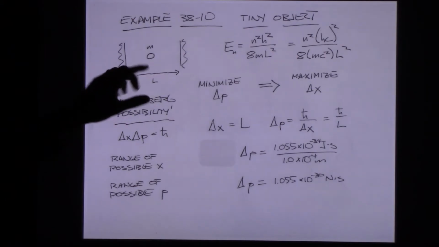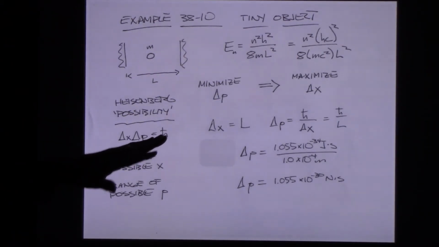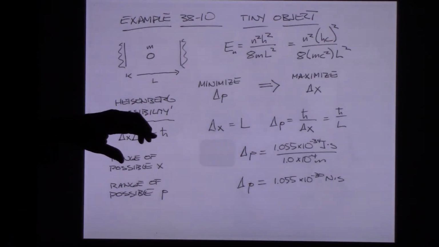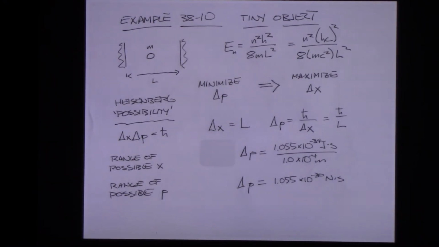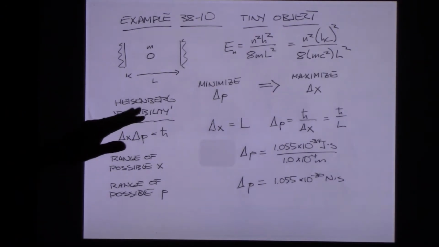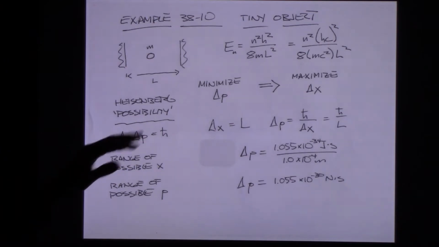Here is the region L, here is the mass. We're imagining that there are quantum states of this bacteria that it could be in, and each one would correspond to a different amount of energy. Now, rather than looking at the quantum states and the energy, we're going to bring back this Heisenberg uncertainty principle, or possibility principle.